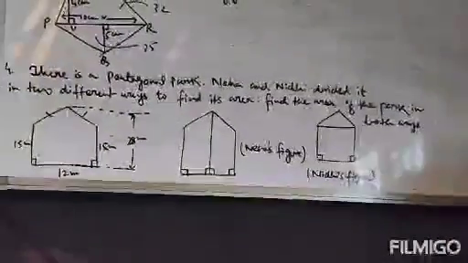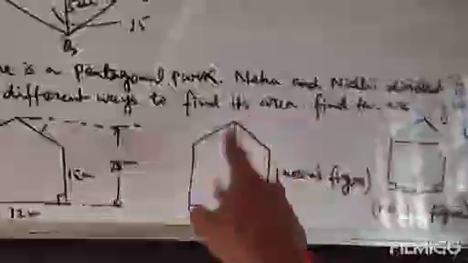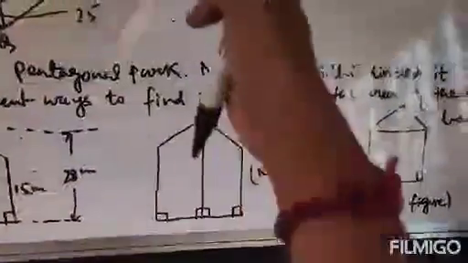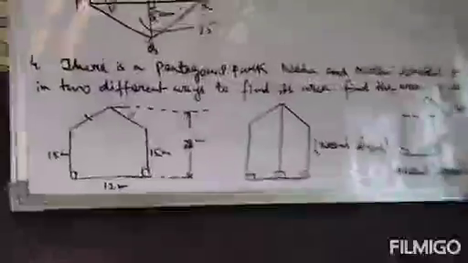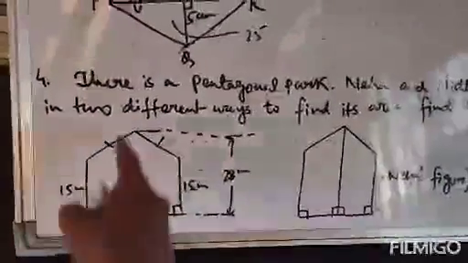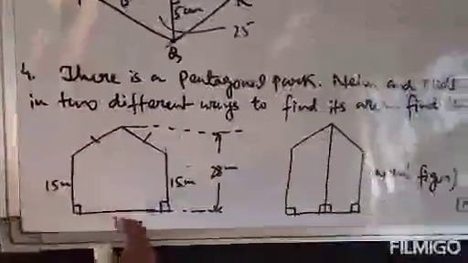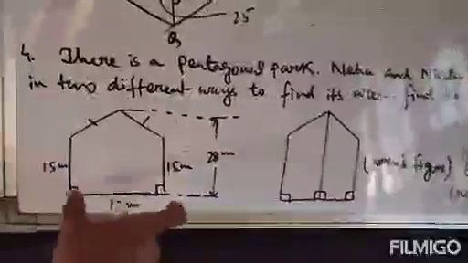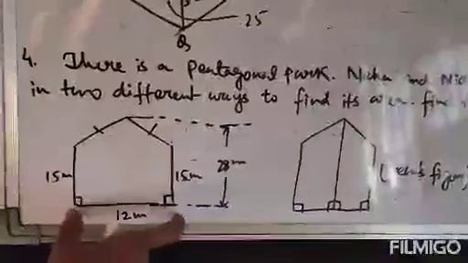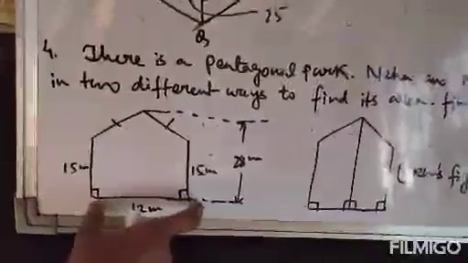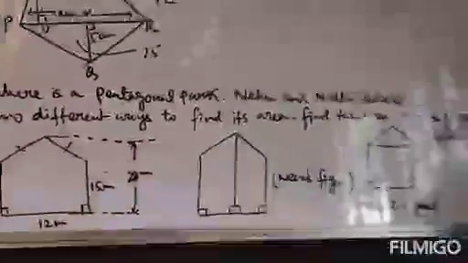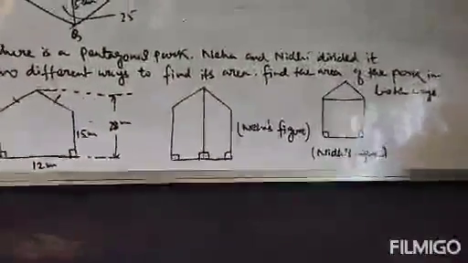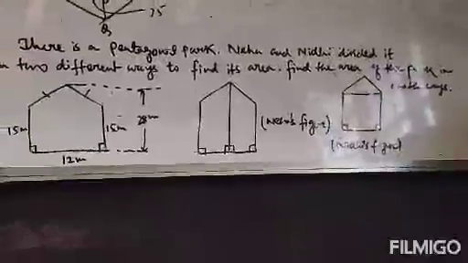Now see, in Neha's figure she divided the park by just joining these two points, that means she drew a perpendicular over this side and divided the park in two different ways. We have to find the area of this park according to Neha's figure.